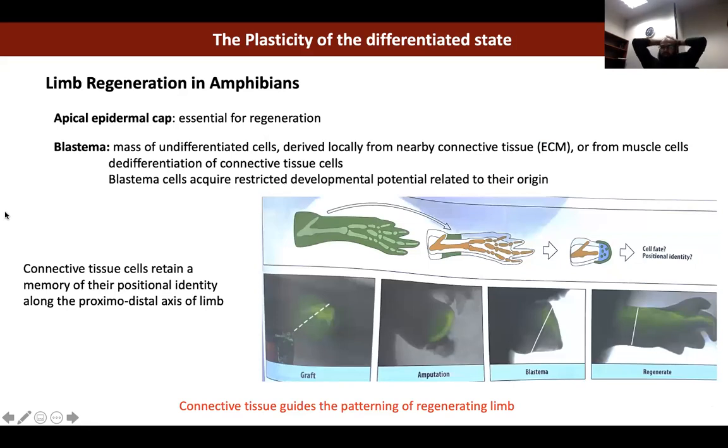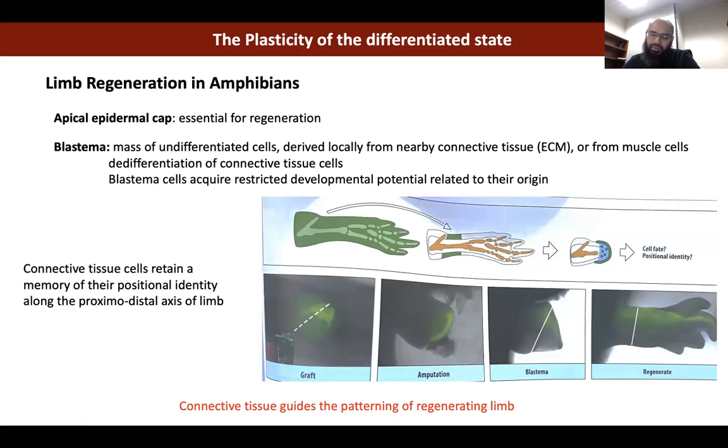Now we go a little bit higher, to the vertebrates, and we'll consider the example of this salamander, and we'll see how it regenerates its limb.